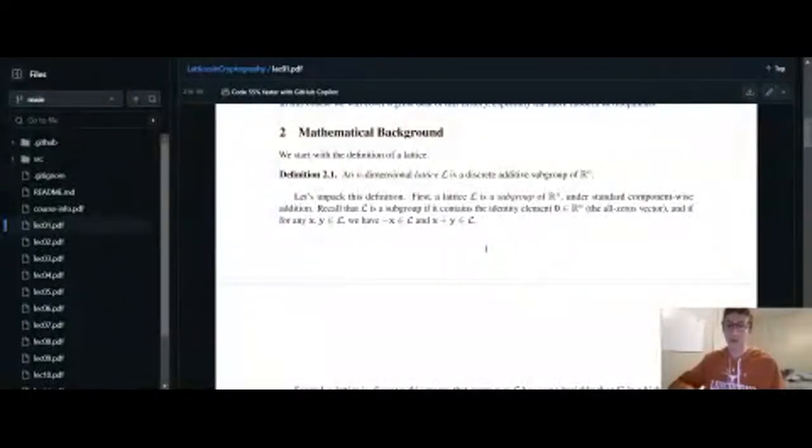What they're trying to show is that you have some kind of lattice.